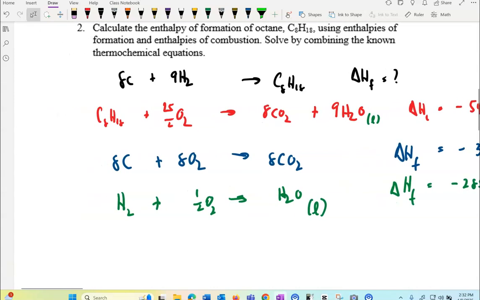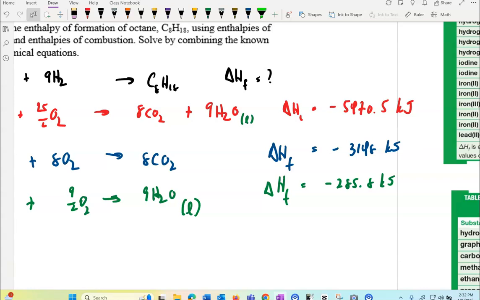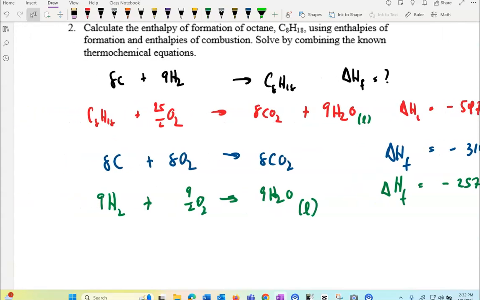Let's do the same thing with our hydrogen. Our hydrogen is currently being multiplied by 9 in our target equation. So I'm going to multiply everything in this step equation by 9. This is now negative 2,572 kilojoules. All right, we're almost there, except this is C8H18 as a product.